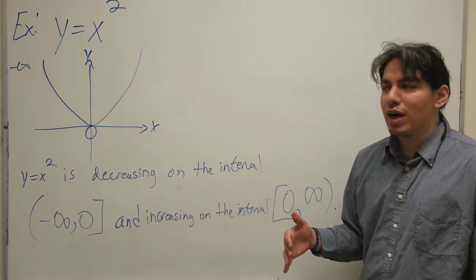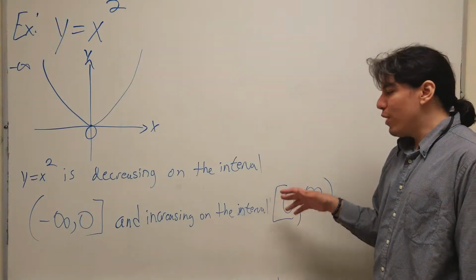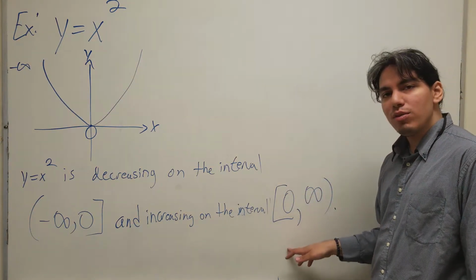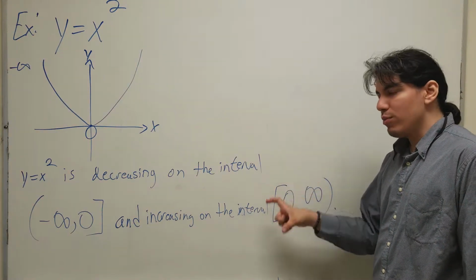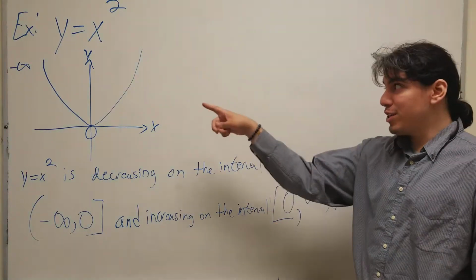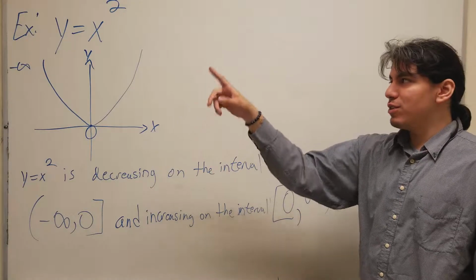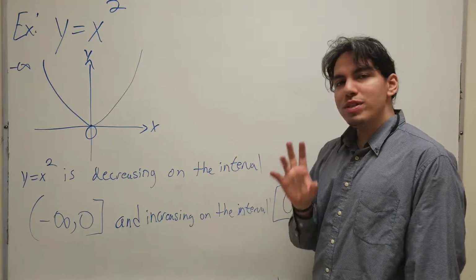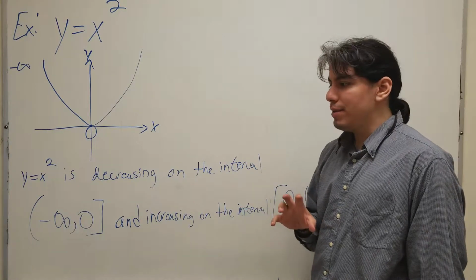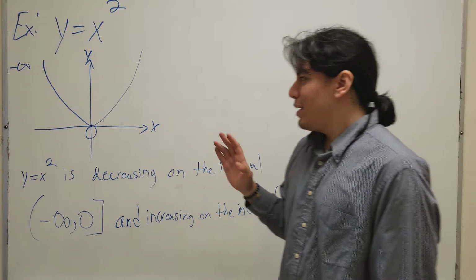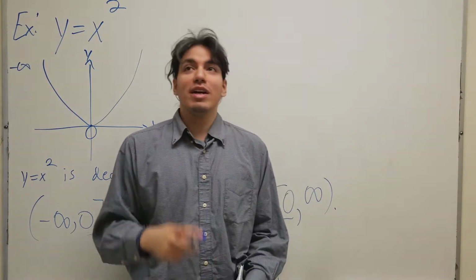So it makes sense why we're allowed to write it this way: infinity has to be open and any other number has to be included with the square bracket, depending on the function. In this particular function, every single number works perfectly fine. So it's always dependent on the function whether or not every single point works. So anyway, that's the review.